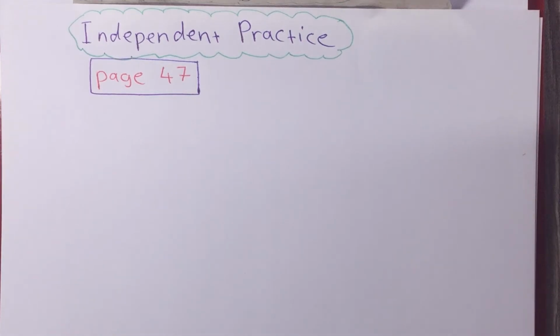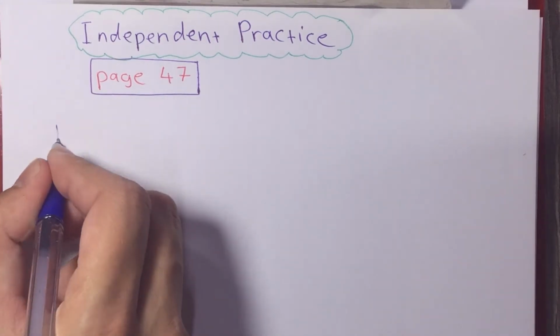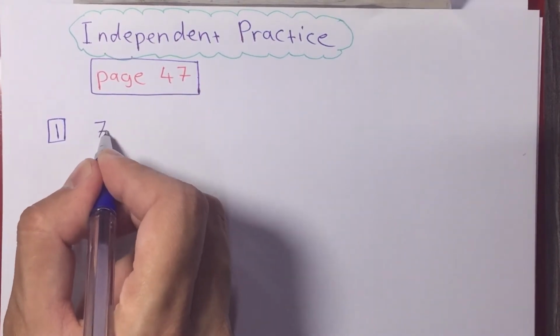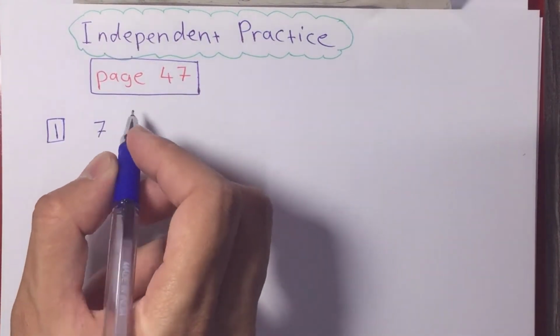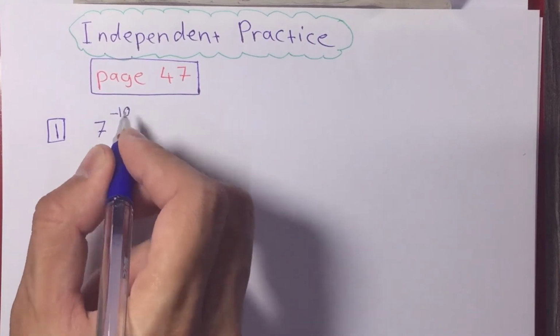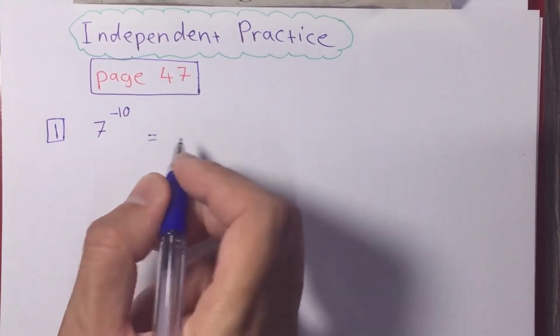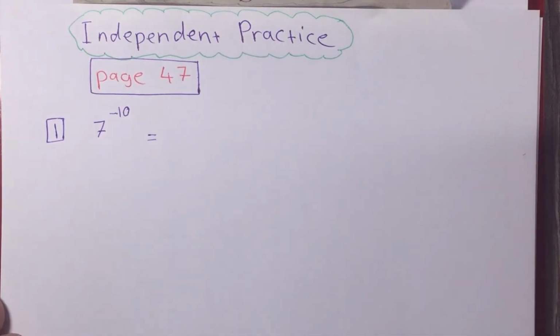Now, let's solve the questions from Independent Practice, page 47. Let's start with the first question, which is 7 to the power of minus 10. How can we write this number in terms of a positive exponent?